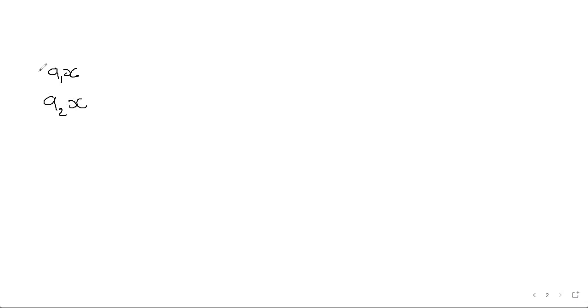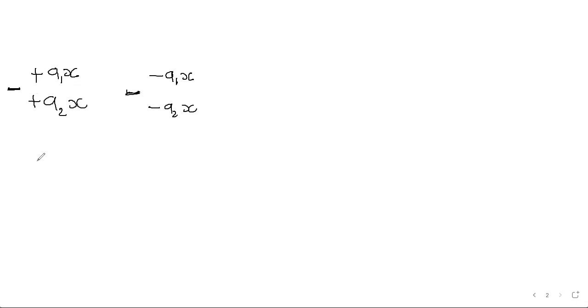If the signs are the same, let's say you have plus plus, then you have to eliminate using minus. If the signs are the same, you eliminate with minus, basically. Even if you have minus a1x and minus a2x, I'm just using x as an example, this could be y as well, you have to use minus as well to eliminate. That's the only way you can cancel the x in the equations.